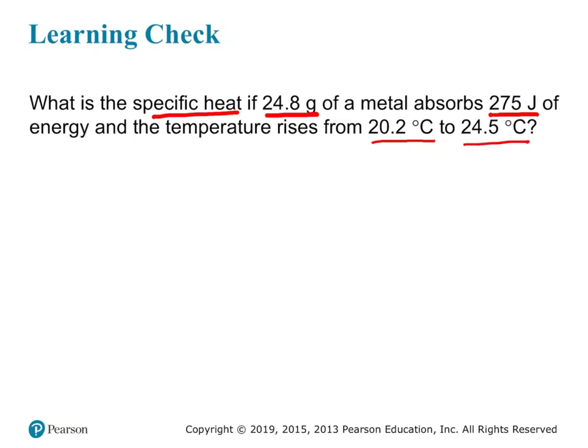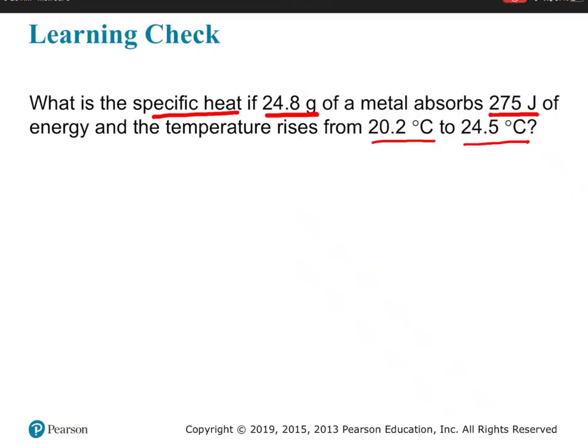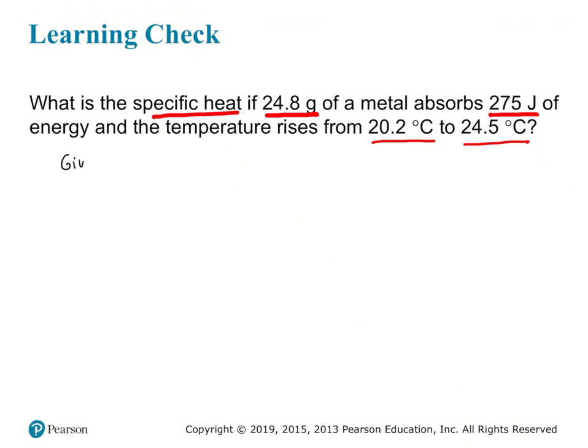Okay, that's a lot of information. So let's actually write out all of that info. All right, so we're given the mass, which is 24.8 grams. We're also given the amount of energy or heat that's absorbed by the metal.